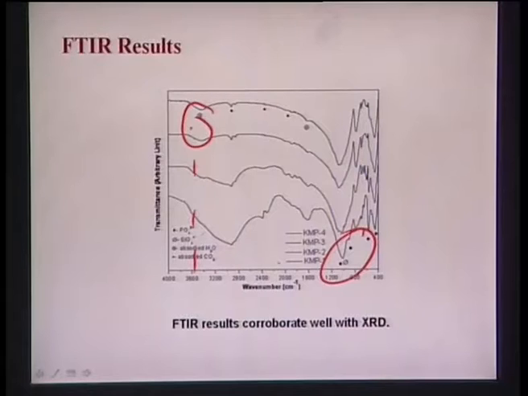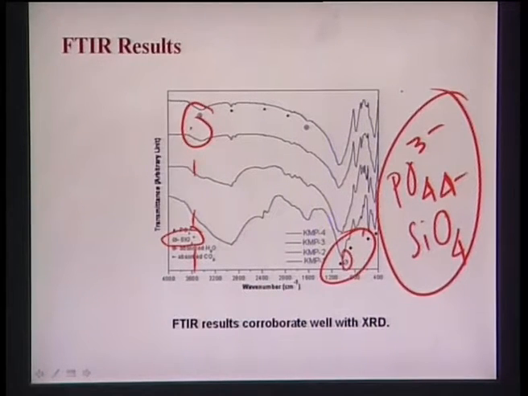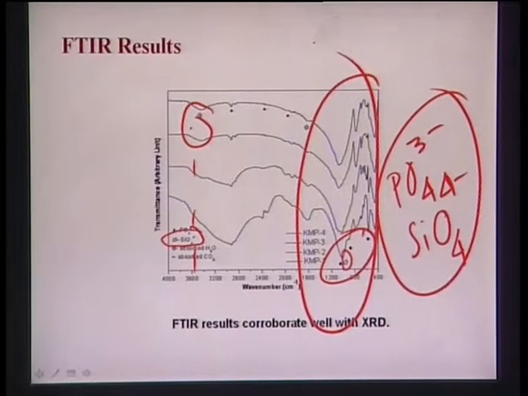The silicate peak is coming from this particular place. So, this is also where your silicate phase is. Phosphate and silicate almost overlap. So, PO4 3- and SiO4 4- FTIR bands overlap, and this region indicates that you have a phosphate peak as well as the silicate peak.